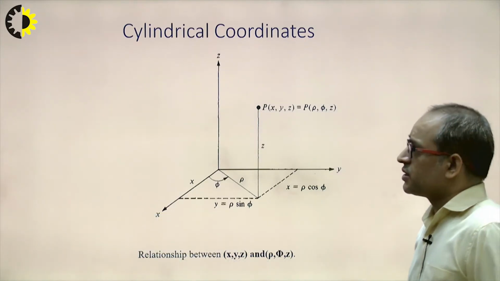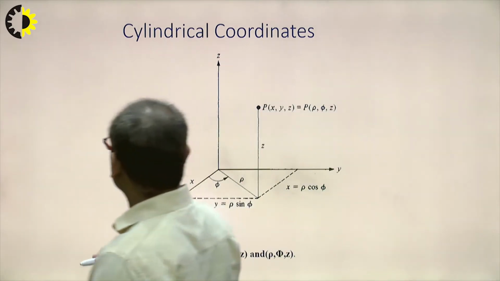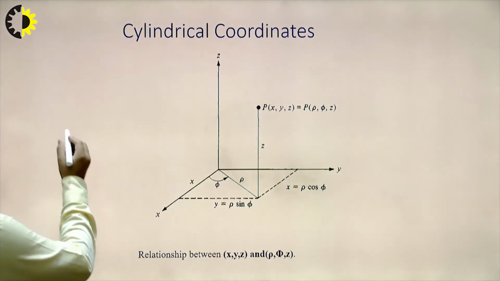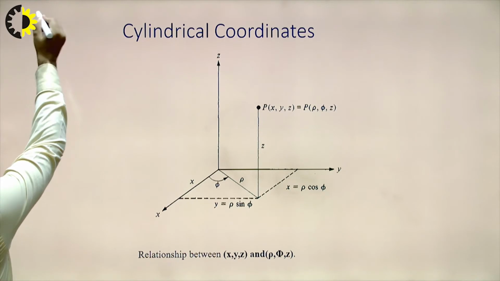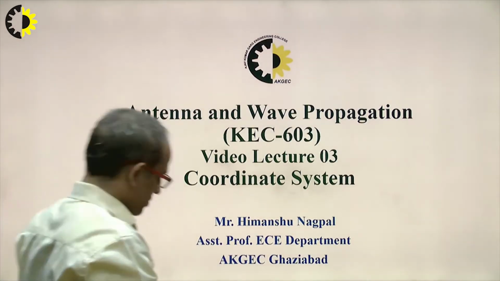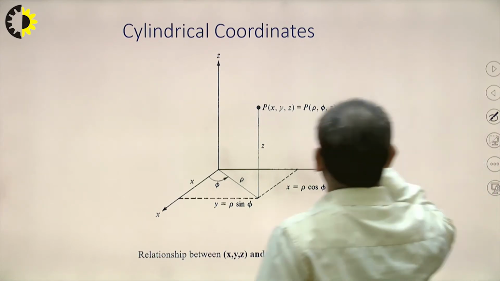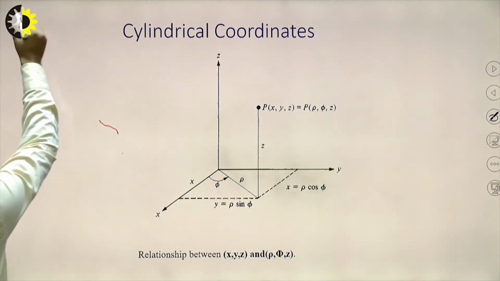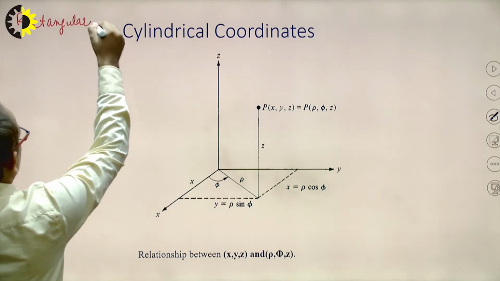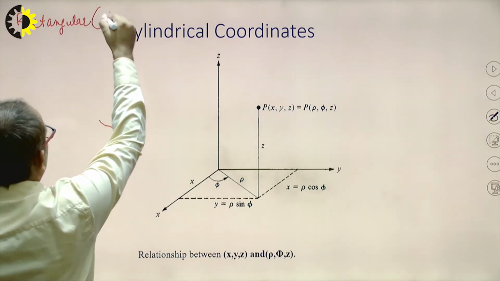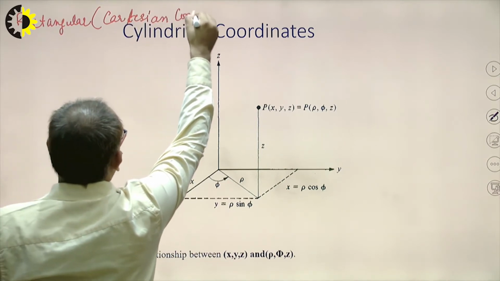Now in the last lecture we had studied the rectangular coordinate system, and today we will study the cylindrical coordinate system. The three types of coordinate system we will study in this lecture: first, the rectangular coordinate system, another name of which is the Cartesian coordinate system.